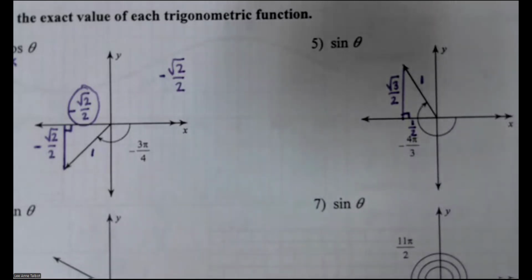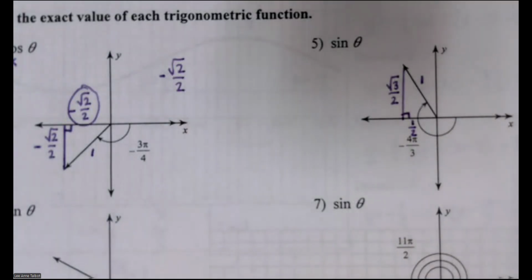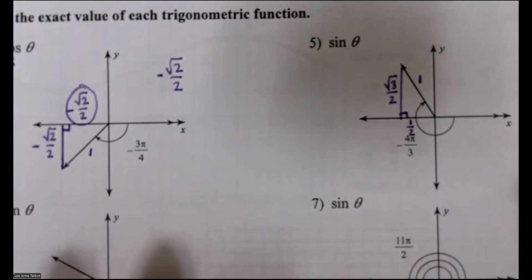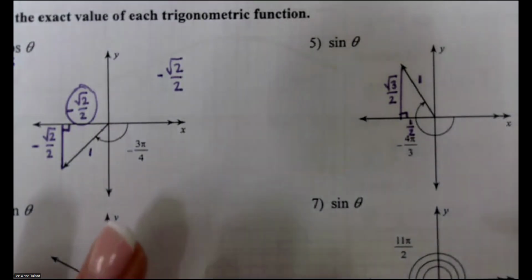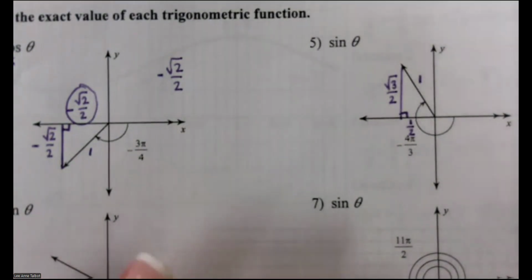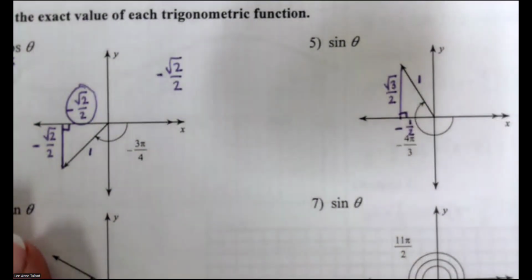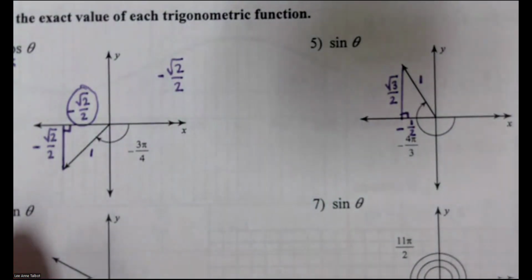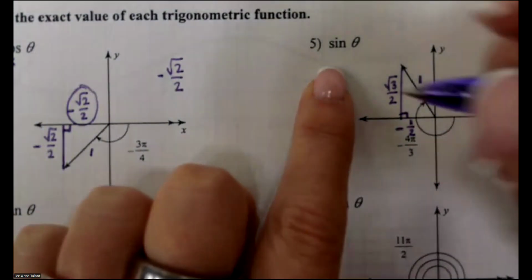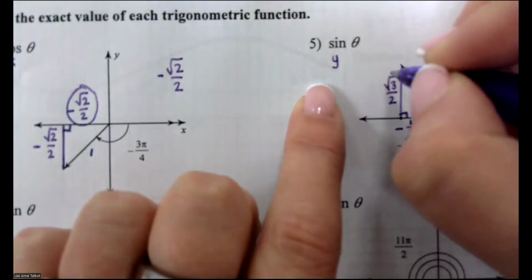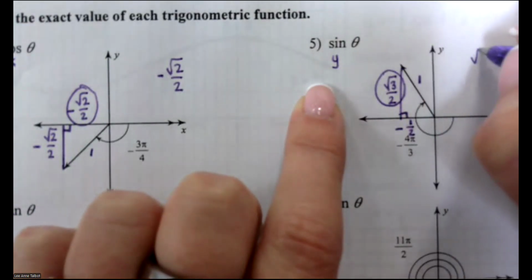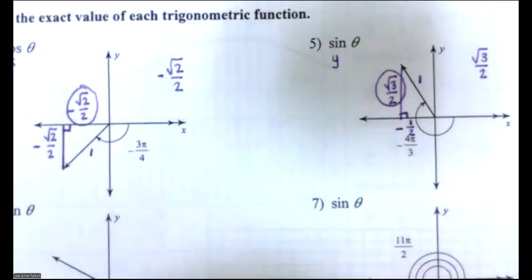Okay, so that's step one. Draw, label the triangle. Step two is worry about the signs. This is quadrant 2, so negative x doesn't really matter because it asked for sine anyway, which is the y, which is this. √3/2.